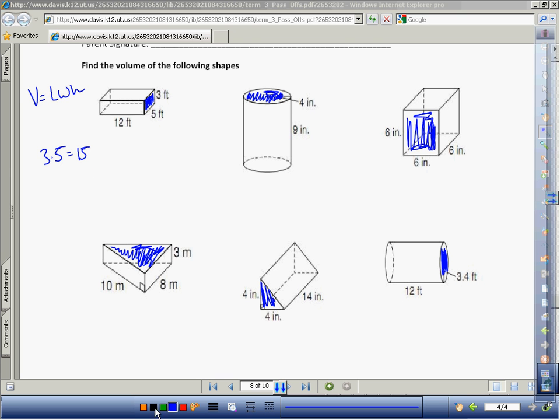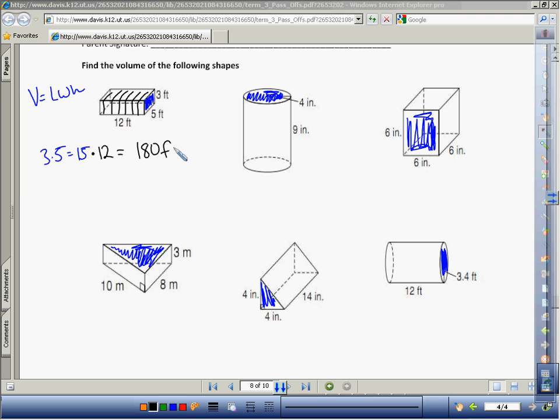That's just this one little piece. Now, there are 12 of those little pieces all along here. So we just need to add them all together, or we could just times it by 12. So 15 times 12, which gives me 180.